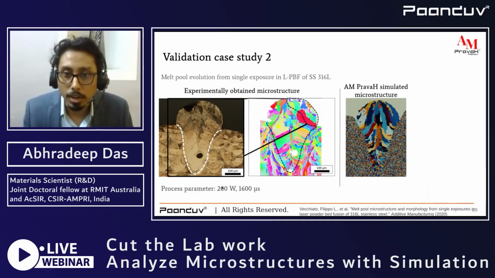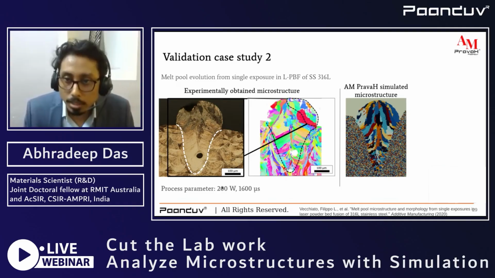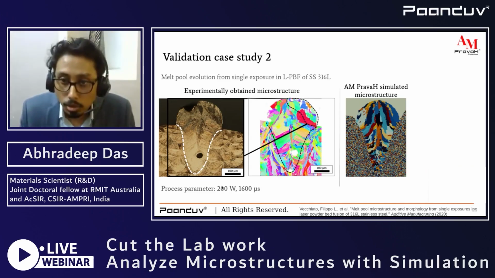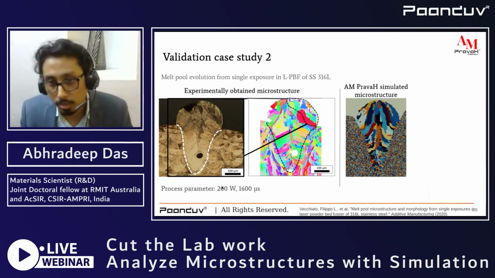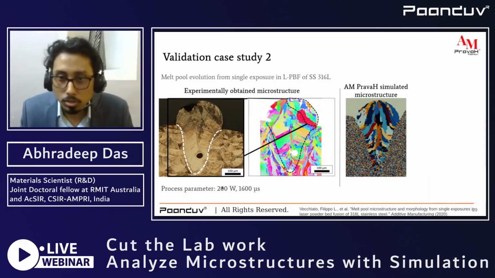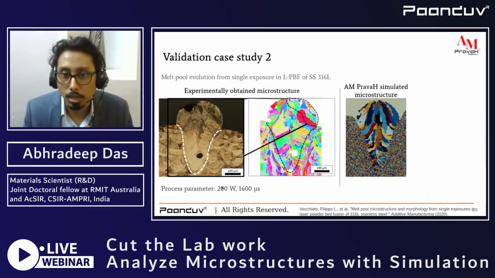Based on that, we have analyzed how the grain growth can be predicted and how the microstructure simulation can be performed, so that we can have the closest accuracy. We can clearly see the analogy is quite remarkable. It has not only captured the uncaptured regions from the EBSD, that is the non-indexed points, but also the entire crystallographic texture that has developed in the EBSD microstructure.